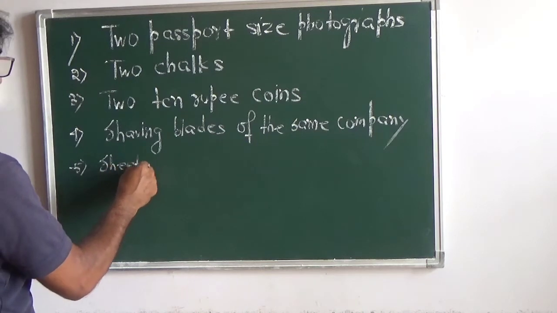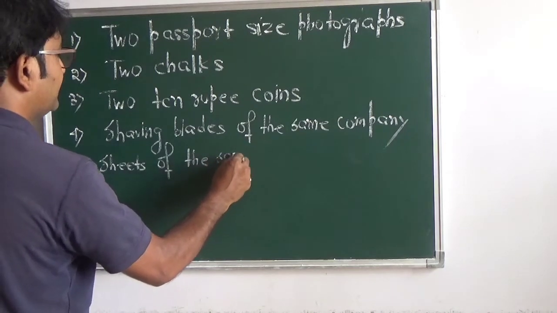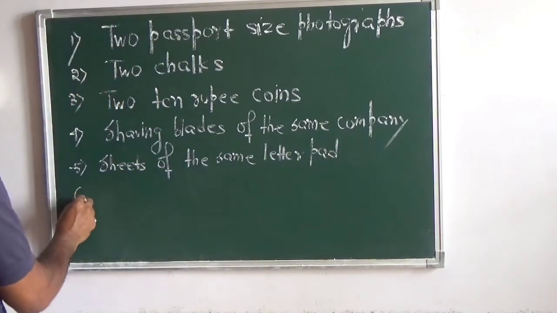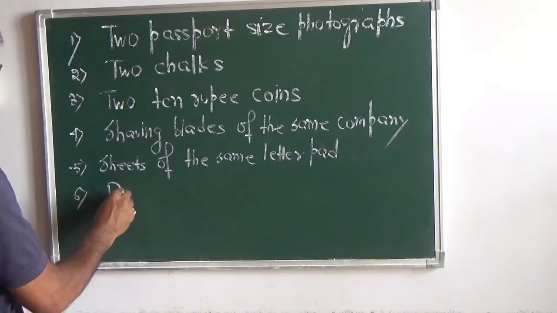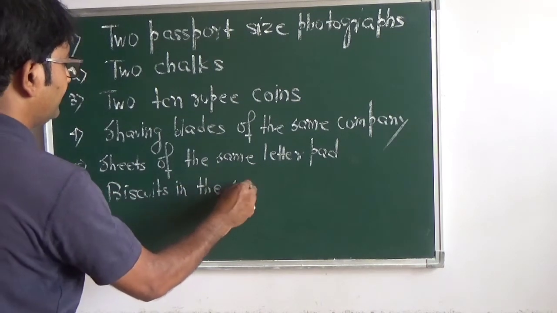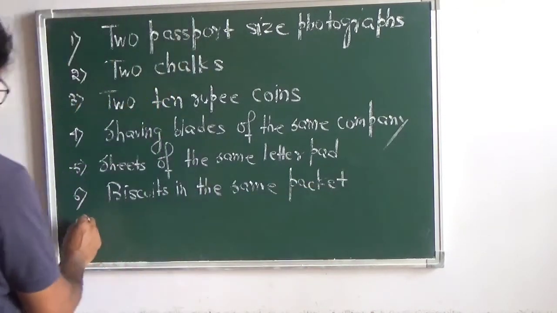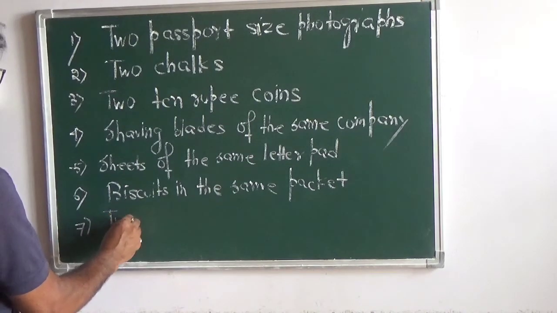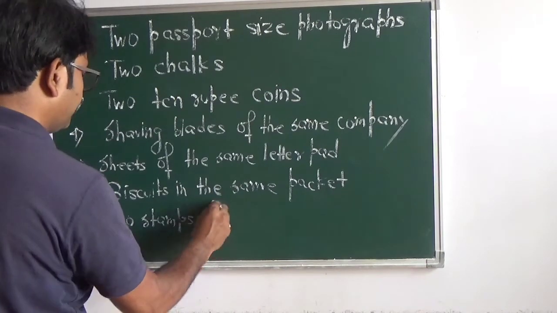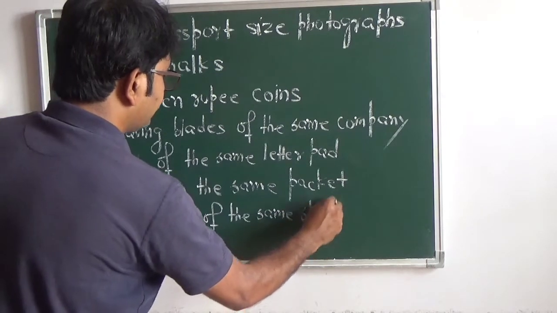Sheets of the same letter pad. Then we can have biscuits in the same packet. Then we have two stamps of the same shape and size.